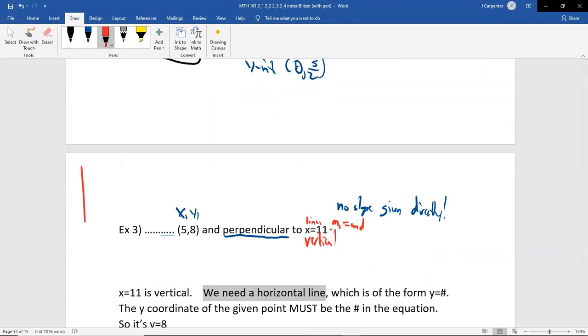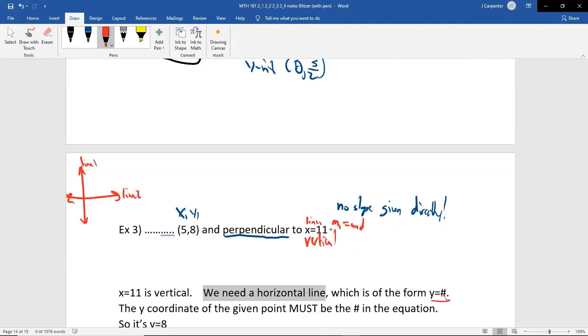The only way to make a perpendicular line to a vertical line is a horizontal. So this would be line 1, this would be line 2. These are not x and y axes, I'm just saying these are the lines somewhere in space. So because x equals 11 is vertical, we need a horizontal line because of its perpendicular aspect.